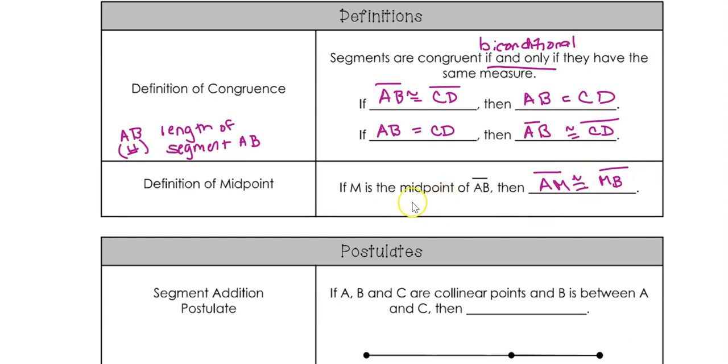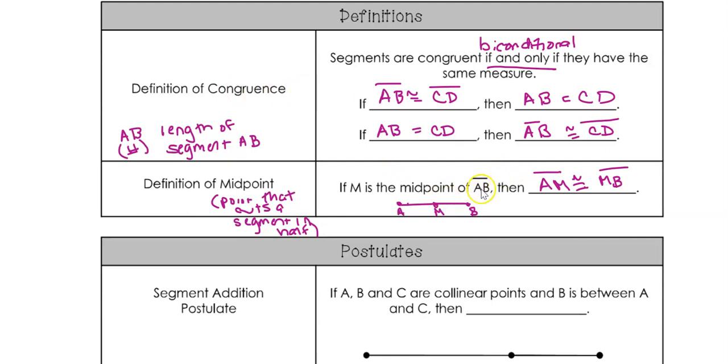So if I have segment AB, then this would be point M in the middle. So a midpoint is a point that cuts a segment in half. It's the point in the middle. So the definition of a midpoint tells us that if you know a point is the midpoint, then you know the two segments are congruent.